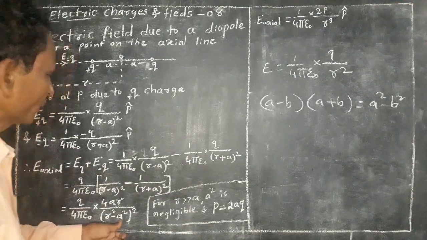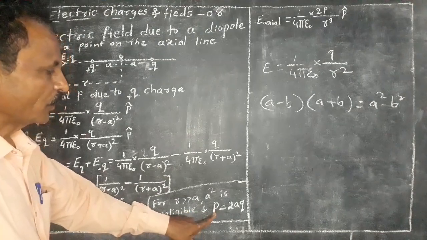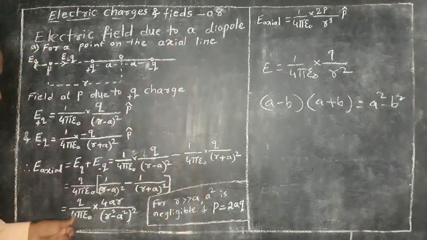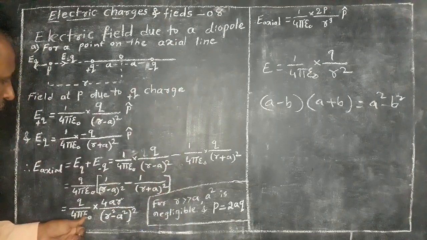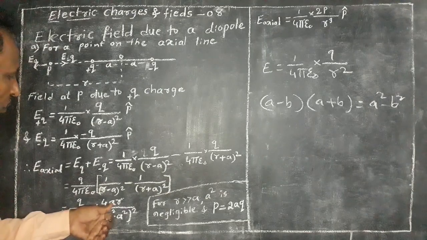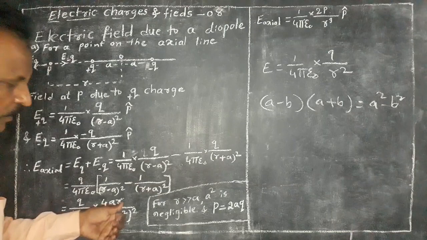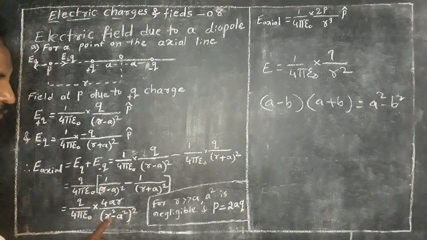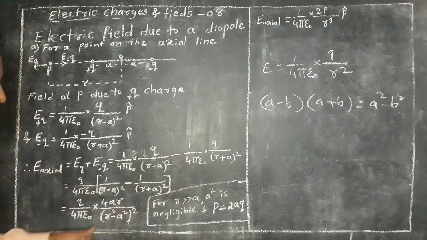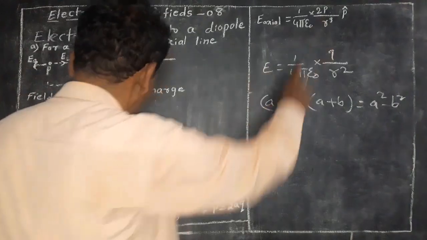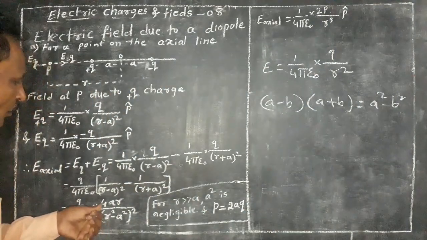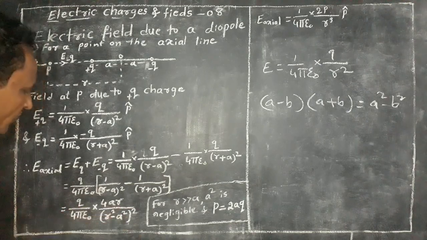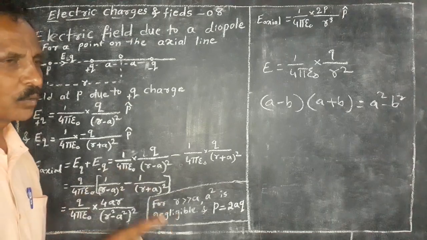And also we know that dipole moment P equal to 2aq. Hence, it can be written as 1 upon 4 pi epsilon naught into 4aq into R. If A is neglected, then R square raised to square, that is R raised to 4. Then one R gets cancelled. In the denominator we get R cube, and in the numerator remaining 4aq, and 4aq can be written as 2 into 2aq.